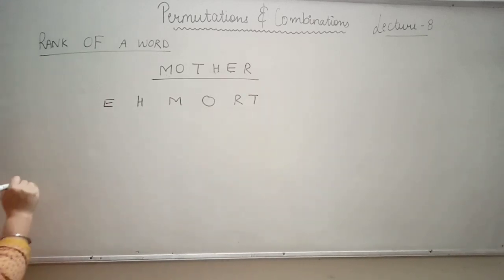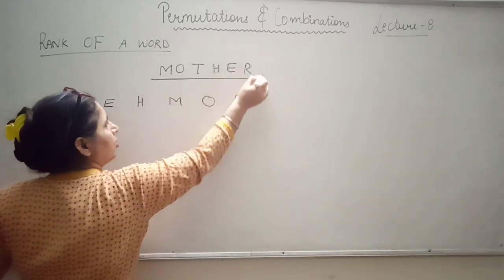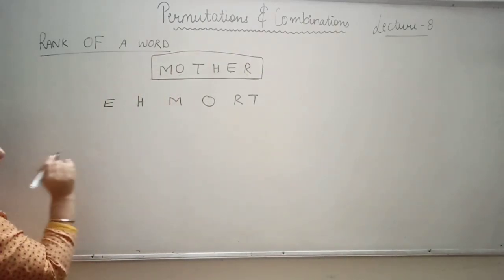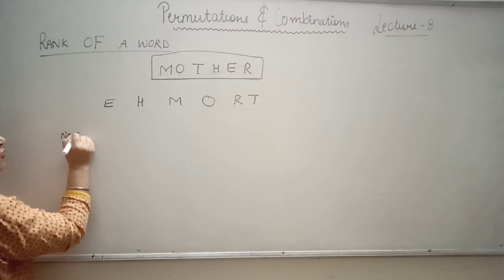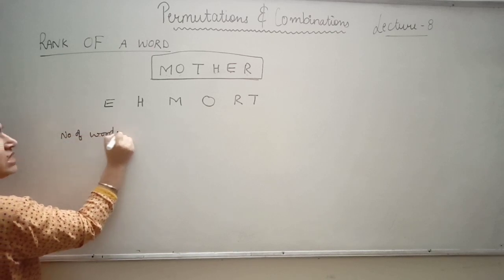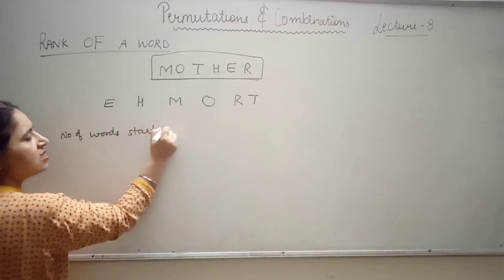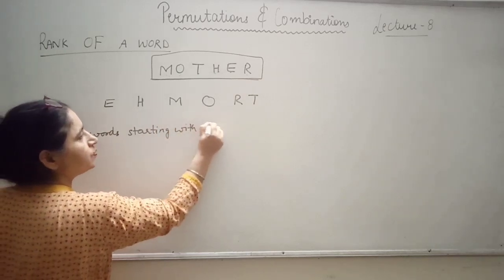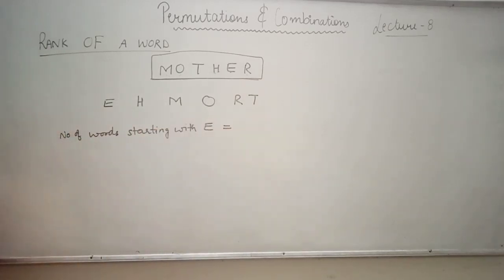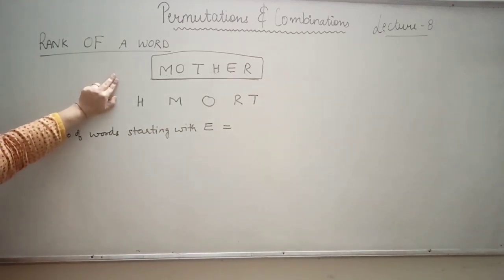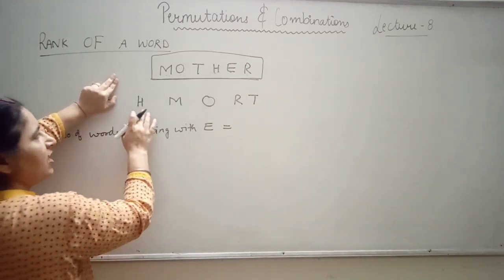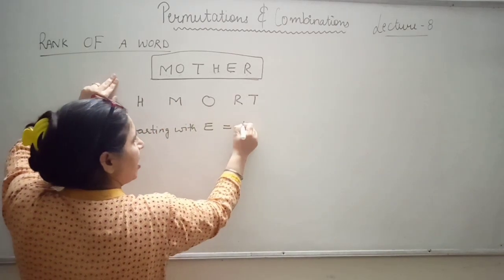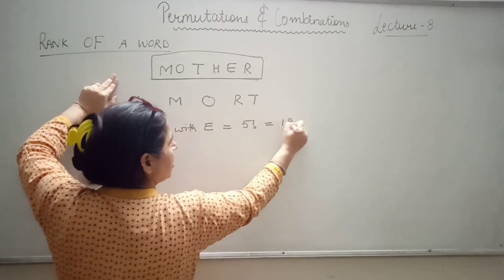Now I have to find out the order of this word MOTHER. Now I am going to start. Look here carefully. Now the number of words starting with E. How many words start with E? Means E I have fixed. Then how many letters are left here? 1, 2, 3, 4, 5. 5 factorial, that is 120.